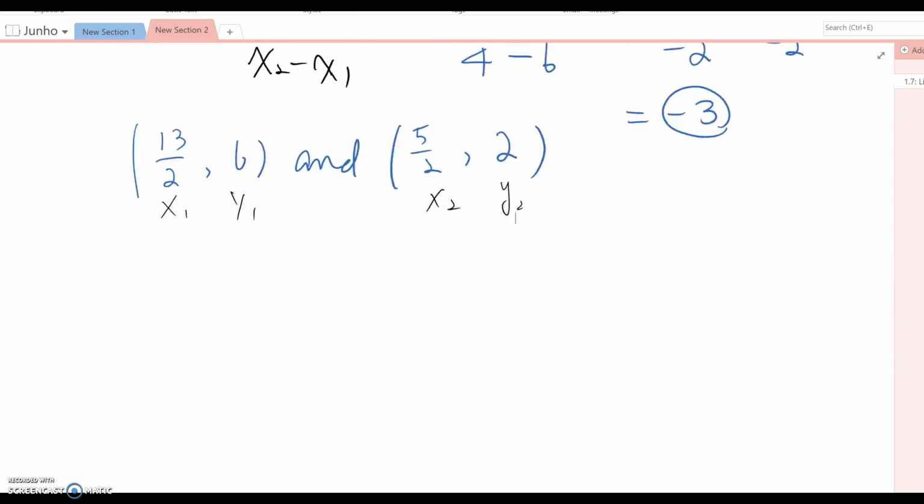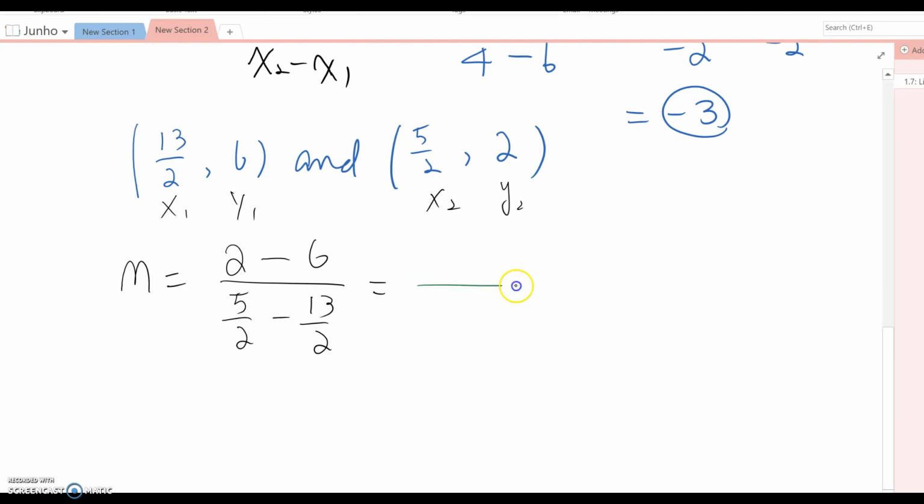Therefore, we can make m equal to 2 minus 6 over 5 over 2 minus 13 over 2. Then this becomes negative 4 over negative 8 over 2, which means negative 4 over negative 4, so equal to 1.